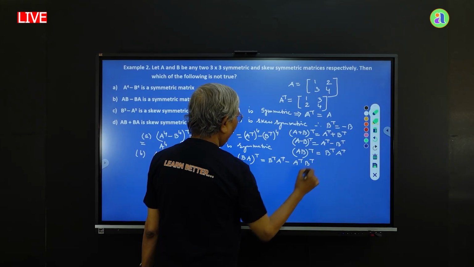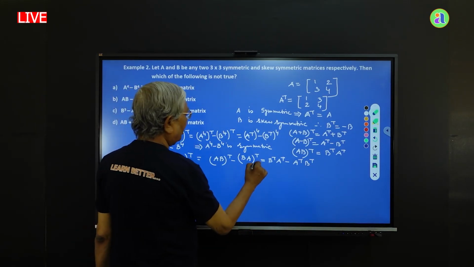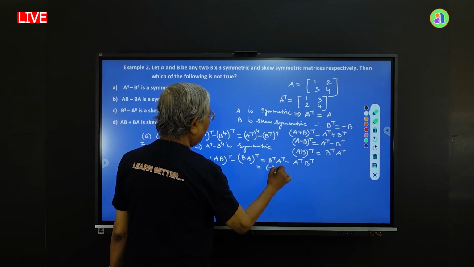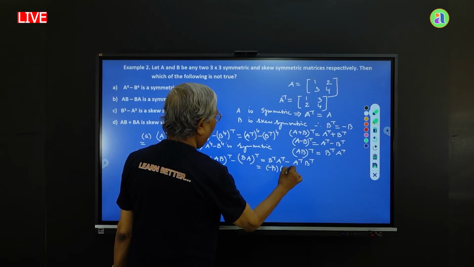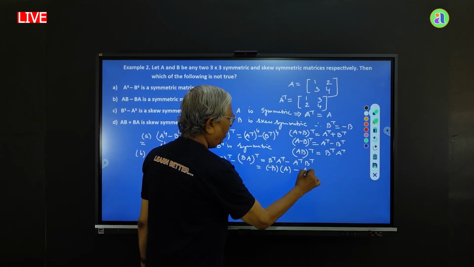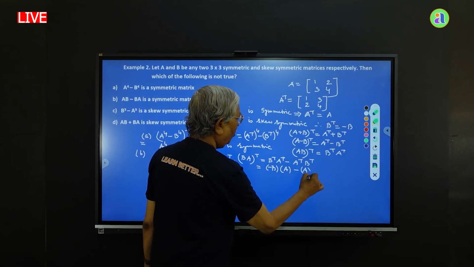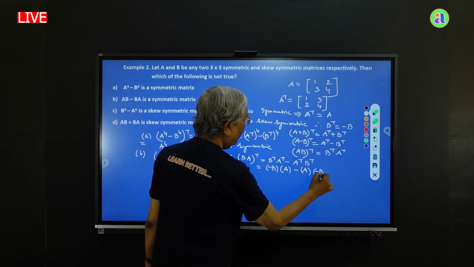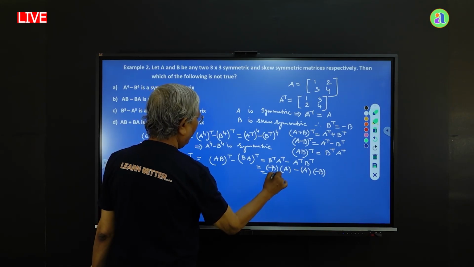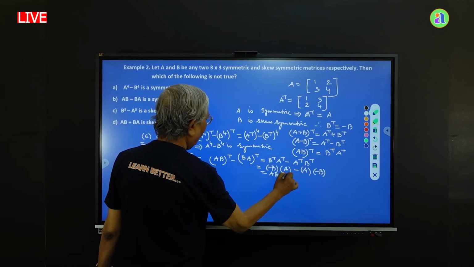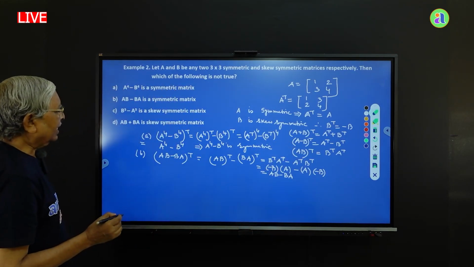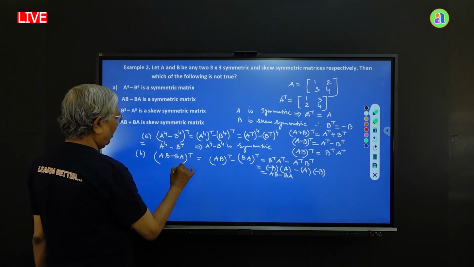What you are given? B transpose equals minus B, A transpose equals A. So this is our AB minus BA. So we can say that this is also a symmetric matrix.